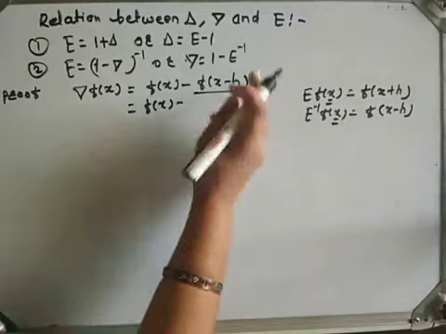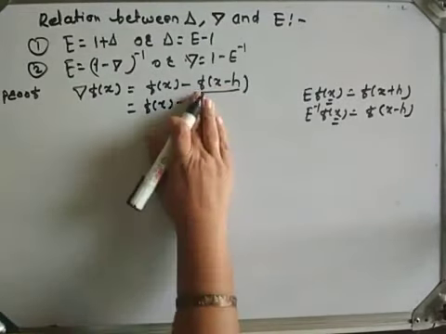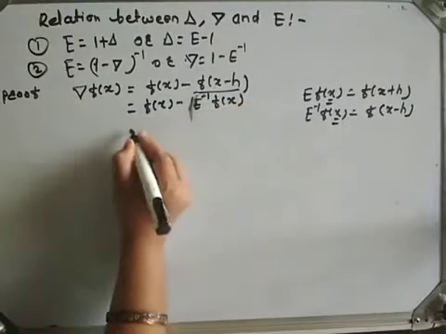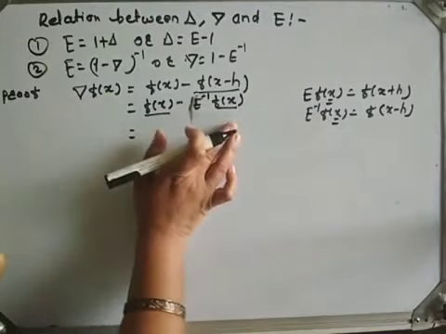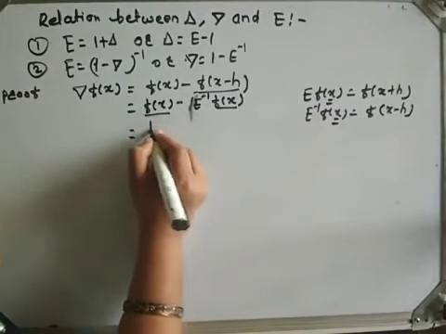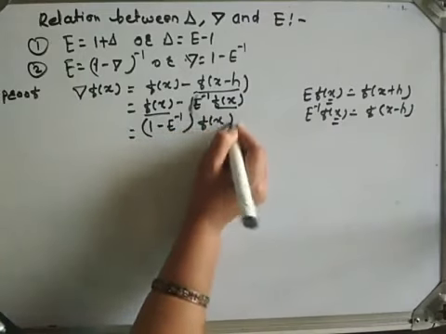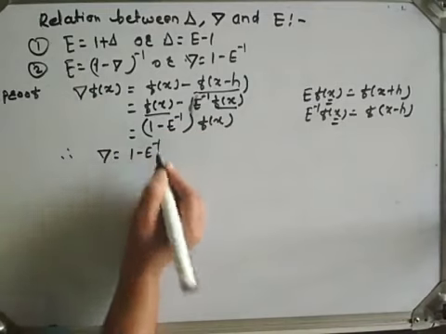So f of x minus h can be written as E inverse of f of x. Again in these two terms f of x is common, so take it outside. In the bracket remains 1 minus E inverse into f of x. So we get del is equal to 1 minus E inverse.